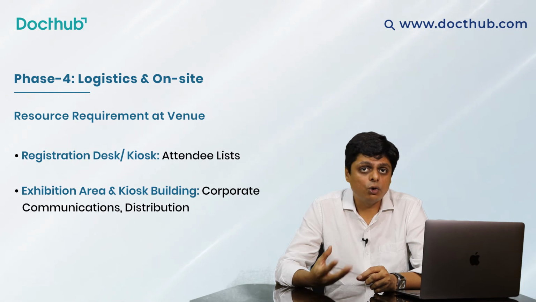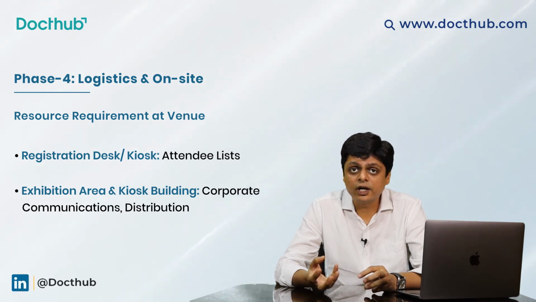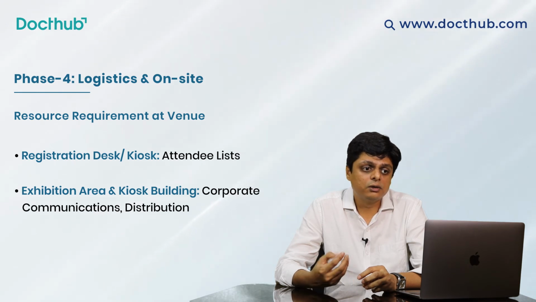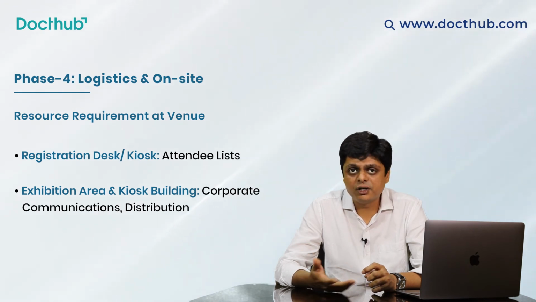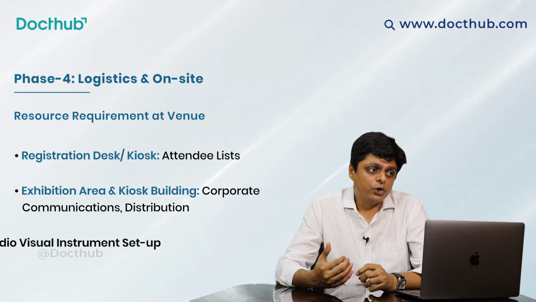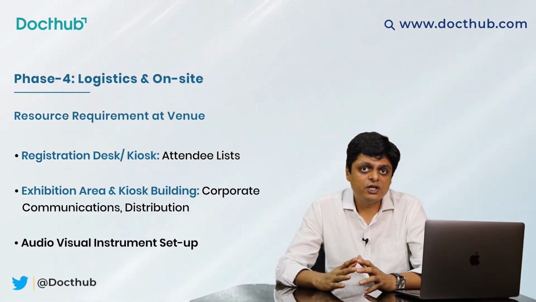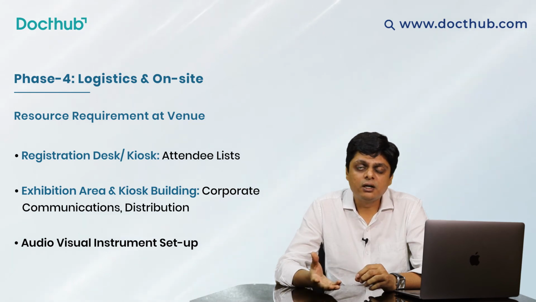You need to start communicating with them, finalizing and allocating particular kiosks so that they are ready with their materials. Then your audio visual instrument setups should be finalized, and the agency should visit your venue.